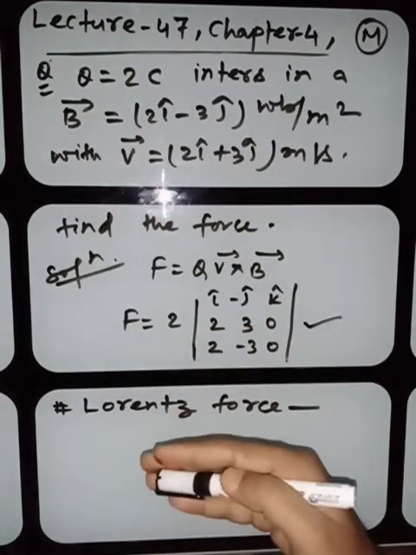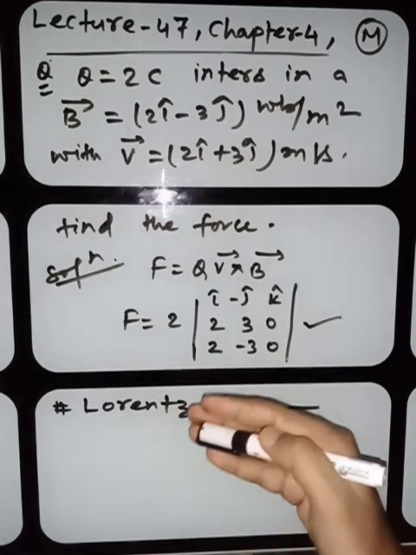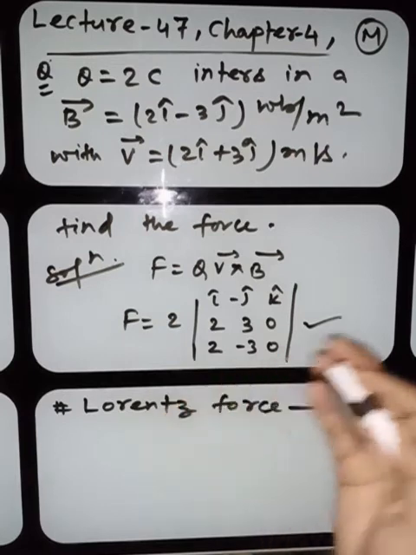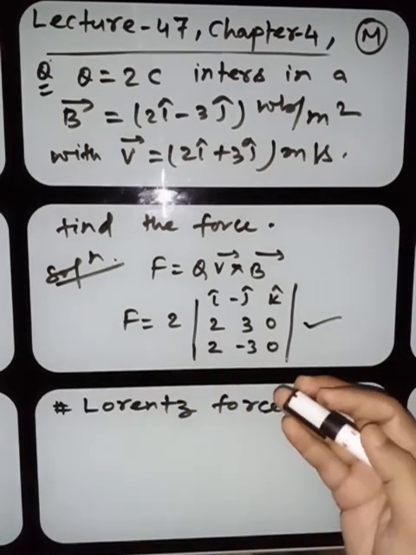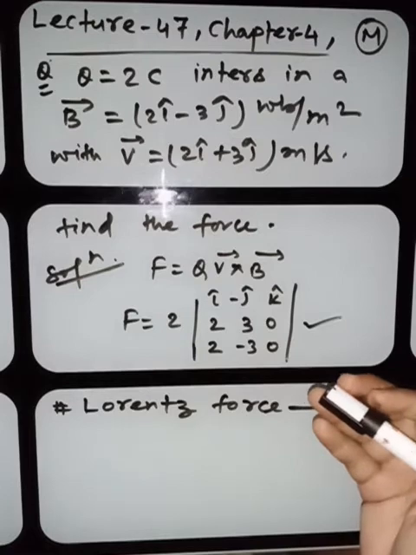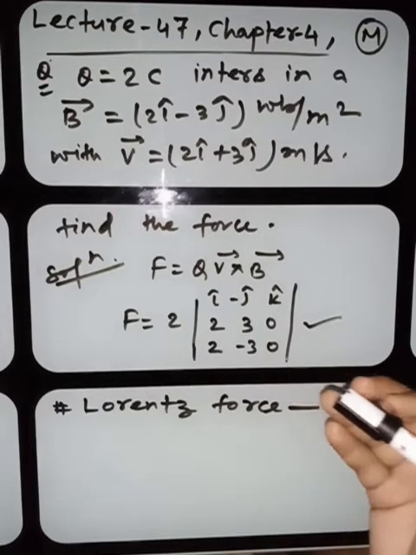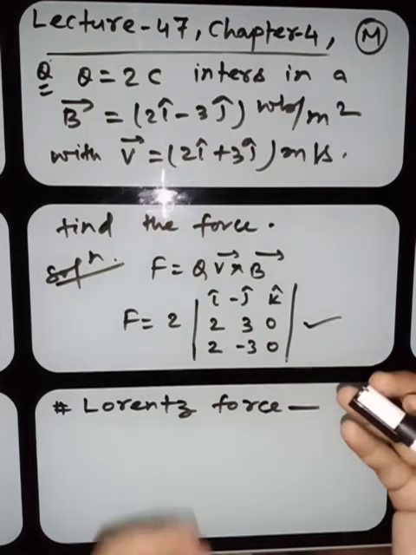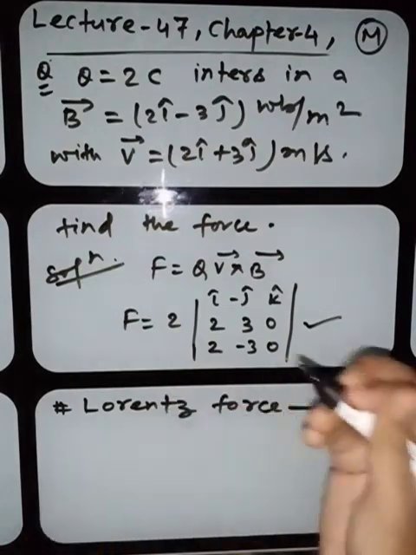In a cross field, that is, when the electric field is perpendicular to the magnetic field, what will be the force? That net force inside the combined electric and magnetic field is called the Lorentz force.